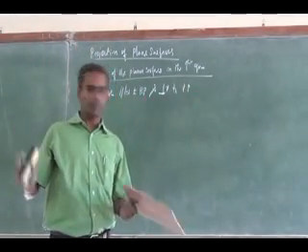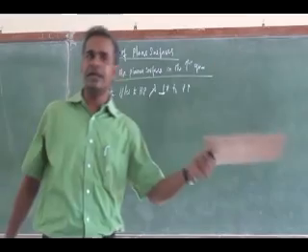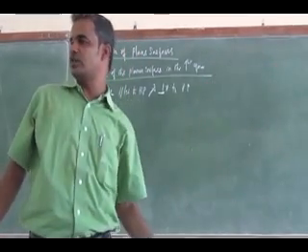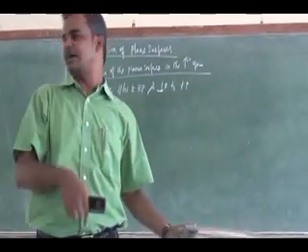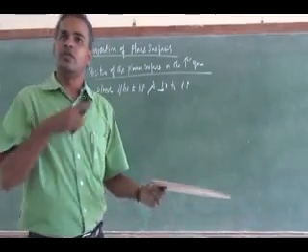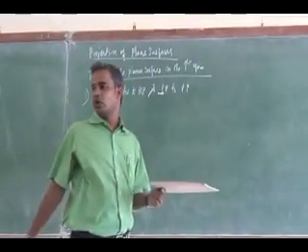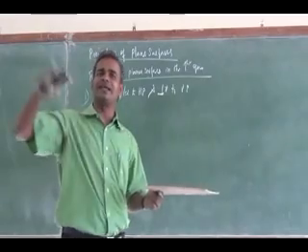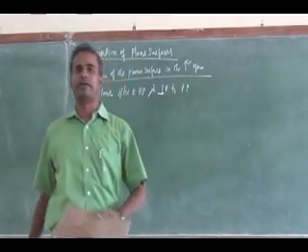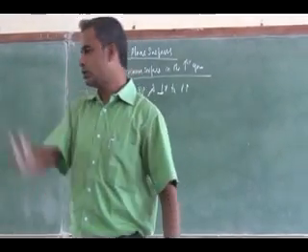So be clear on this. If a plane is parallel to any one of the reference planes, I will obtain the true shape as the view on that plane. If the plane is perpendicular to any one of the reference planes, I will obtain a straight line as a view on that plane. Make a note.